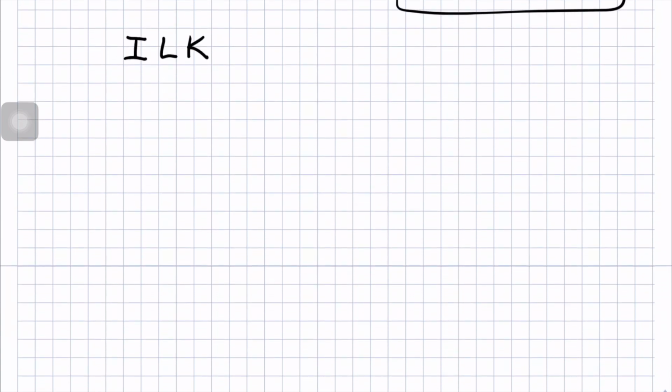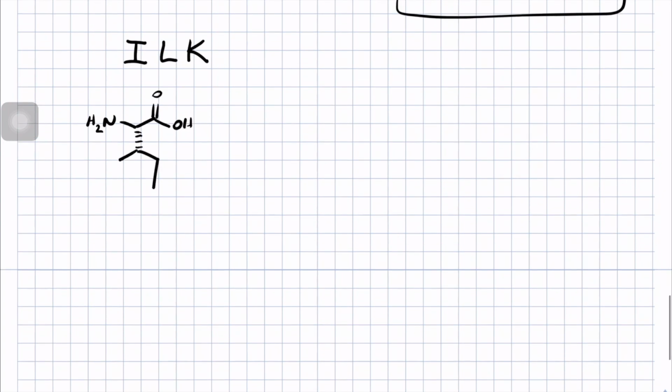All right, here's how I might start. I might start first with, and I'm going to show the amino acids in their neutral form. Chances are you buy them in their zwitterionic form. Either way, it doesn't matter. Here's isoleucine.